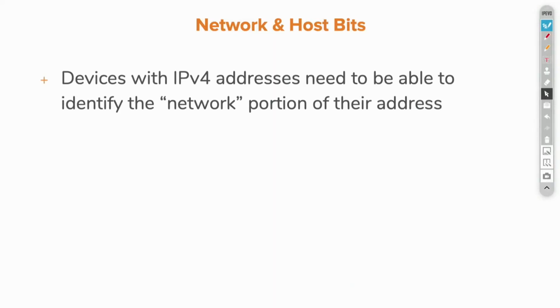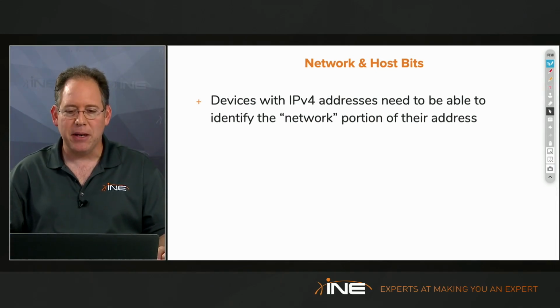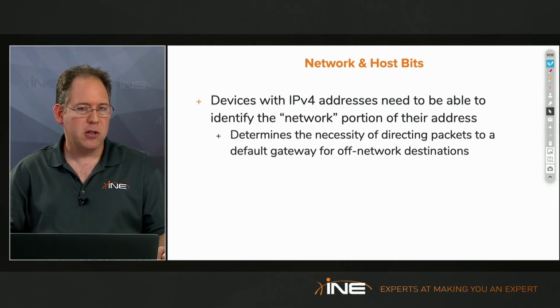Okay, so as I mentioned, devices that have IPv4 addresses, whether it be your wireless thermostat or your refrigerator, have to be able to know what network they're on. They have to be able to differentiate the networking bits from the host bits.